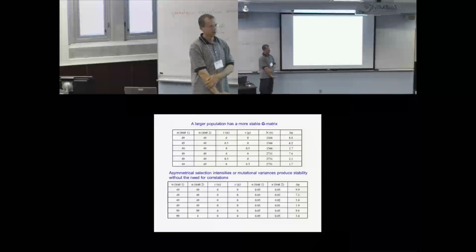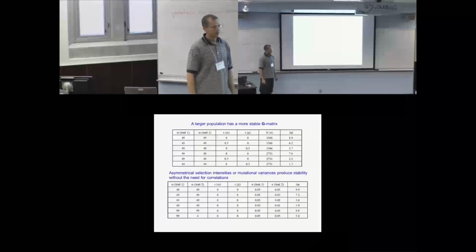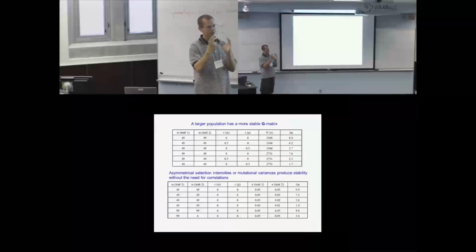So my question is, why inherently is a more eccentric G matrix more stable? Is it just because there's not as much variation off the primary axis? You can't be pushed in weird directions; all the variation is along one axis. I think so, yeah, I think that's the main effect.